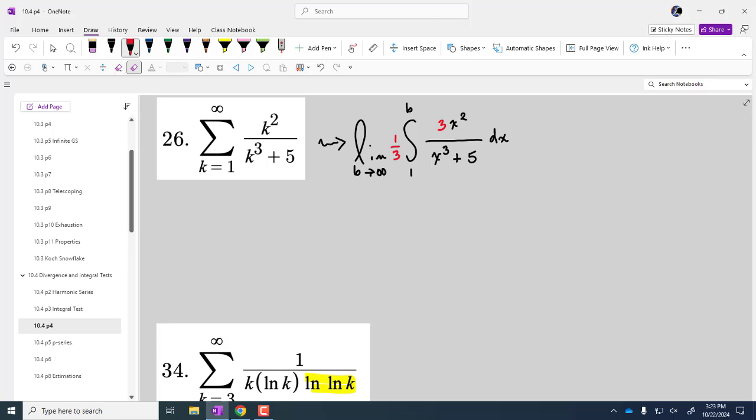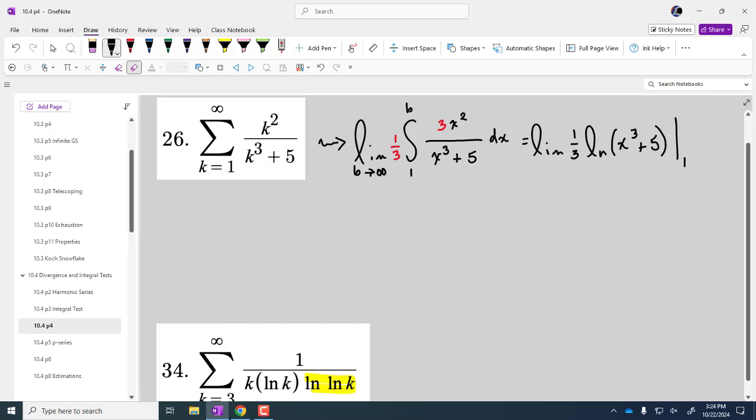Now the derivative of the denominator is the numerator. So it is in log form. So this will be limit 1/3 natural log. Absolute value. We don't need absolute value because everything's positive here. This is going to go 1 to b.